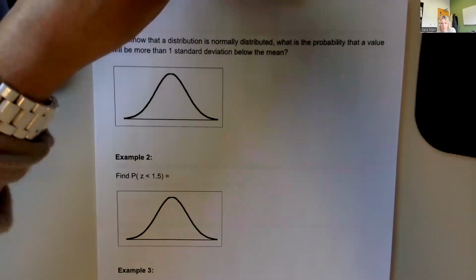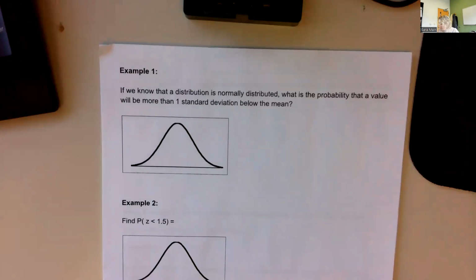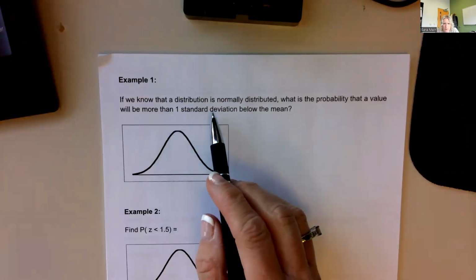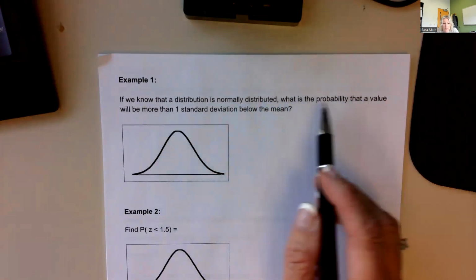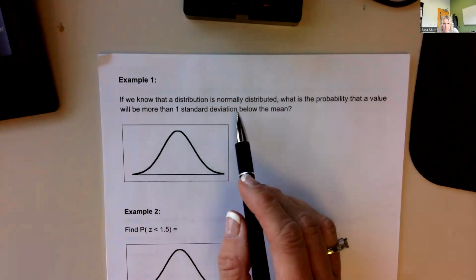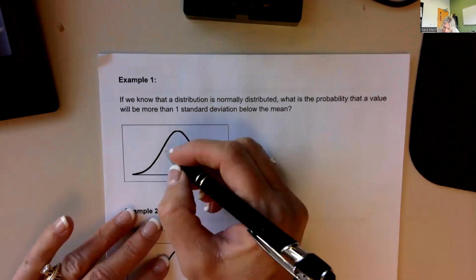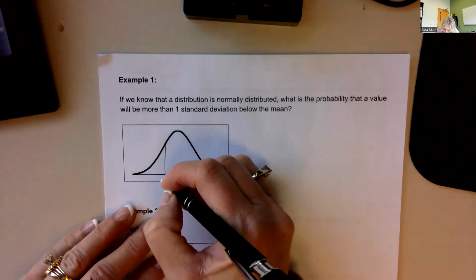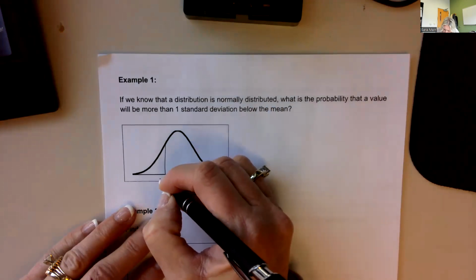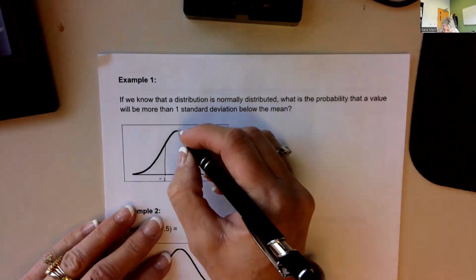So let's look at a few examples. It says, if we know that a distribution is normally distributed, what is the probability that a value will be more than 1 standard deviation below the mean? I am going to draw it like this.